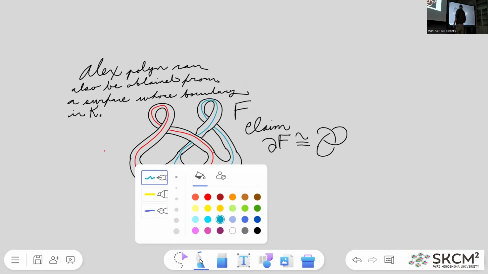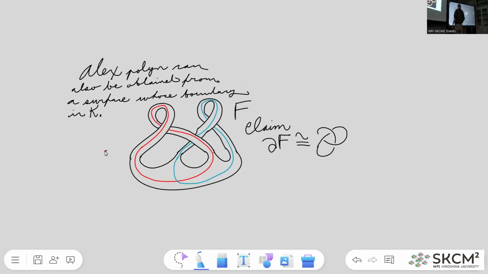Now, this is a surface with boundary, and these two curves contain most of the topology of the surface.